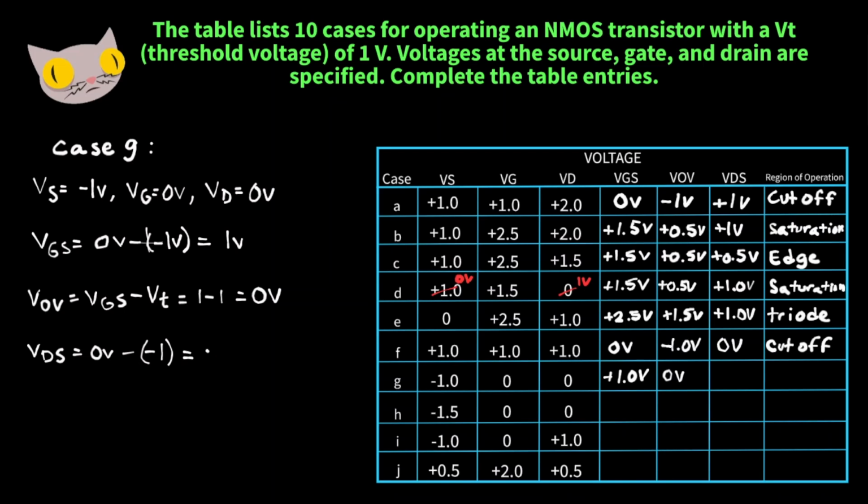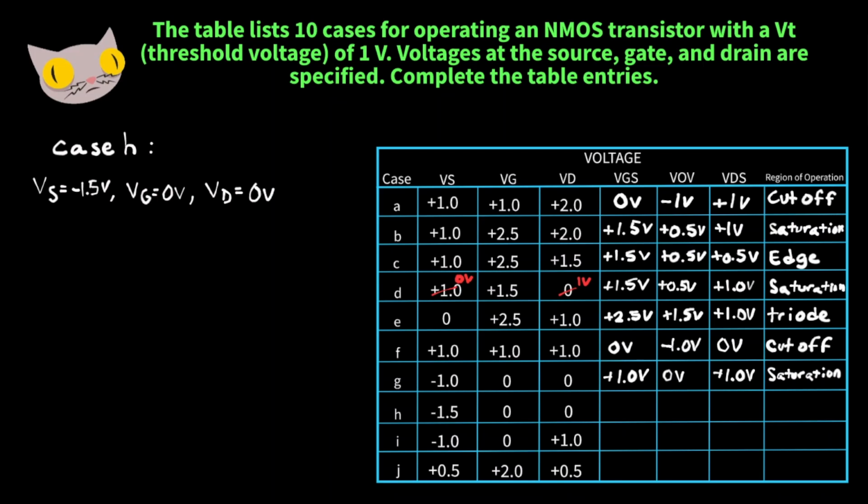That's going to give us +1 volt. Here our drain to source voltage is greater than our overdrive voltage. That's going to put us in the saturation region. So that's it for case G. Let's move on to case H.